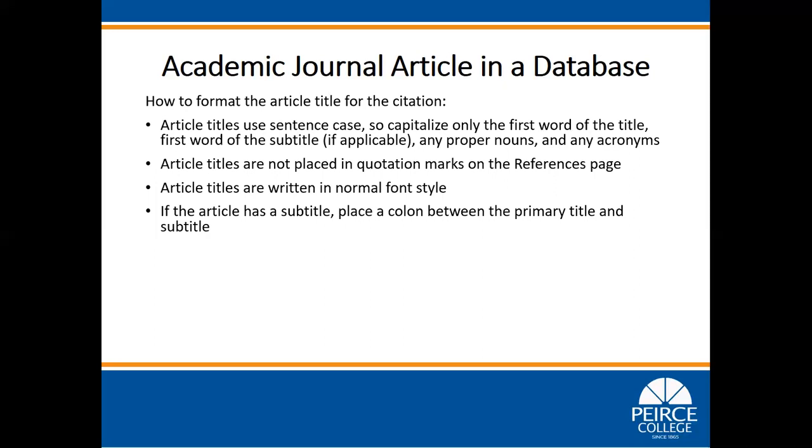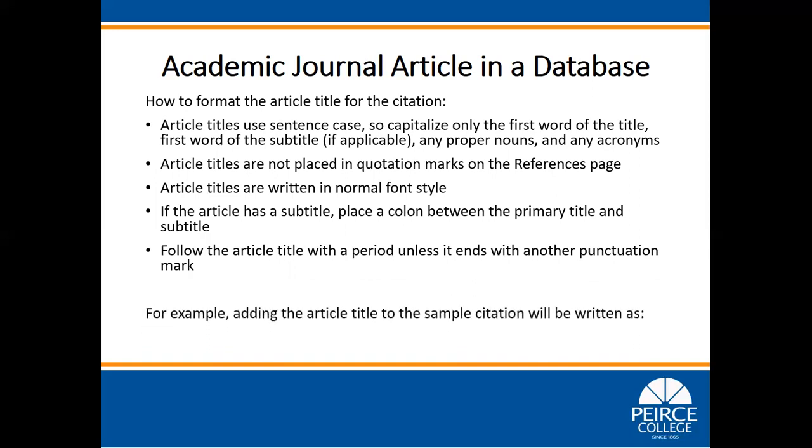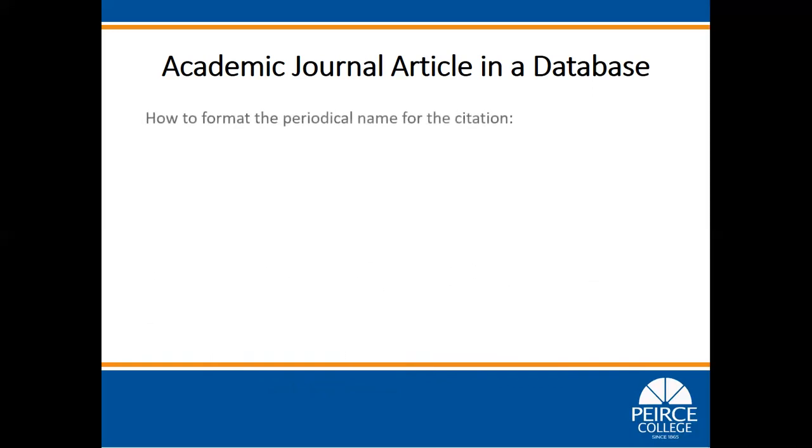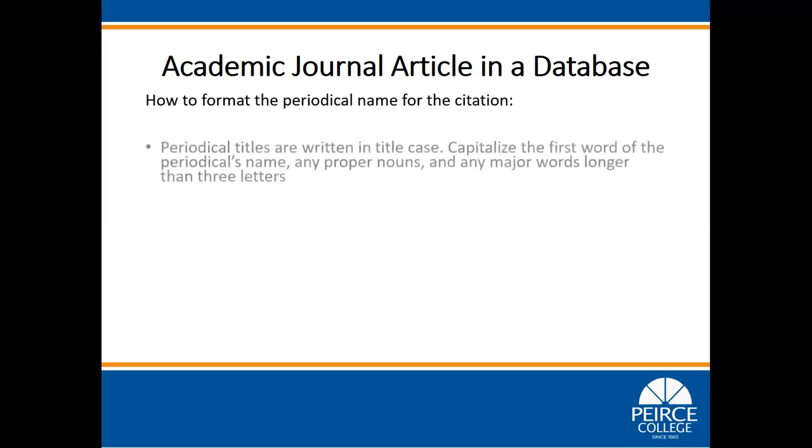If the article has a subtitle, place a colon between the primary title and subtitle. Follow the article title with a period unless it ends with another punctuation mark. For example, adding the article title to the sample citation will be written as Serving those who serve: Psychotherapy with military clients.